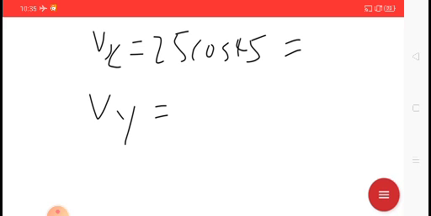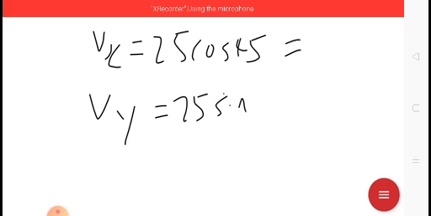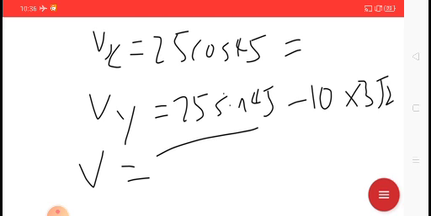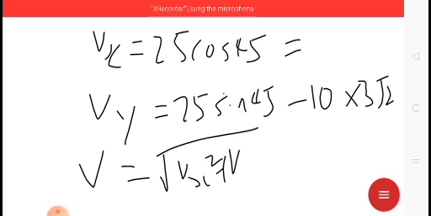Vy will be equal to 25 sin 45 plus a t, where a is negative 10, multiplied by the t just now. You can put these values directly into v equal to the square root of Vx squared plus Vy squared. Simplify, and you should get 5 square root of 37.